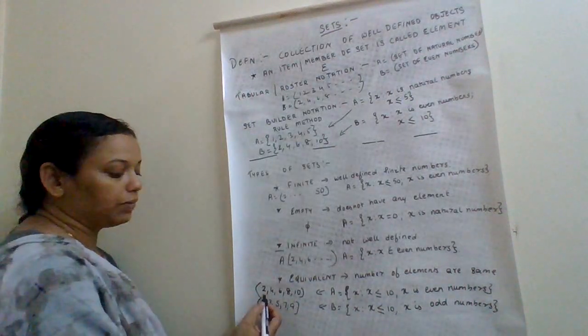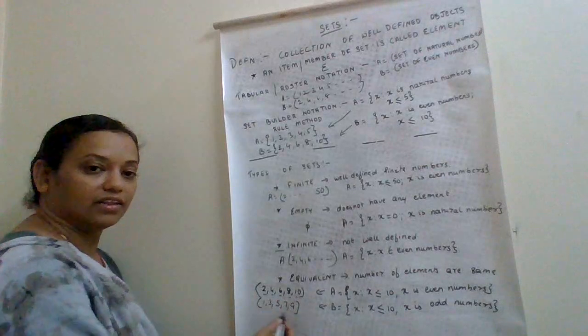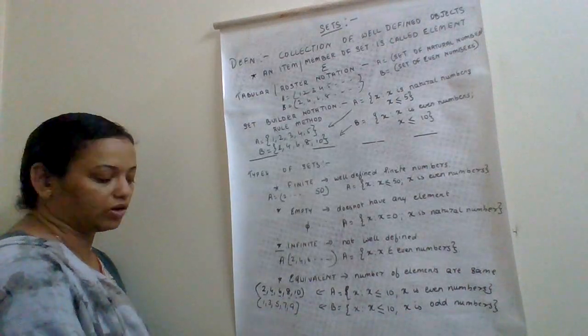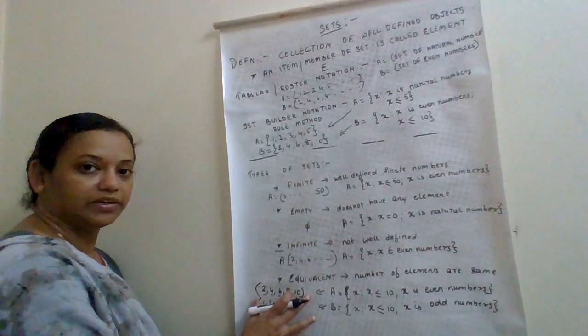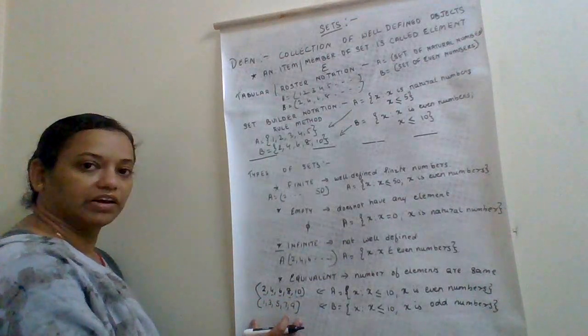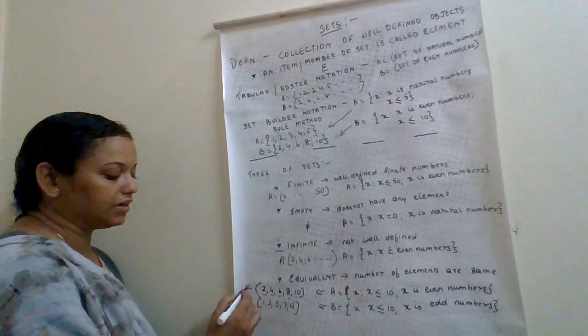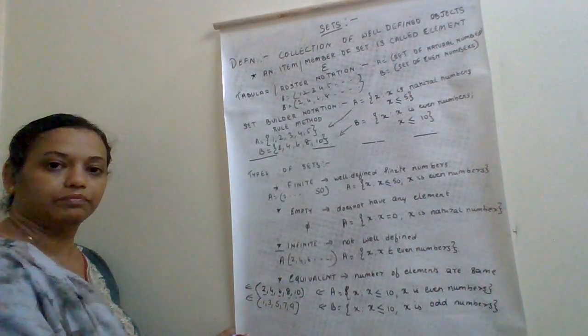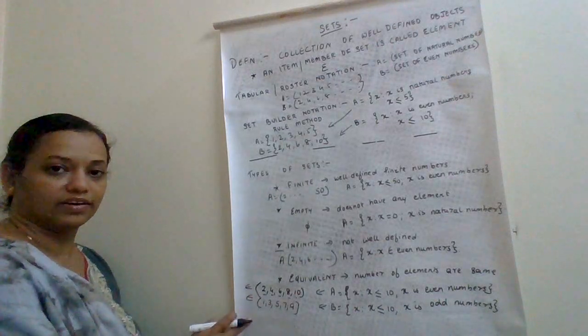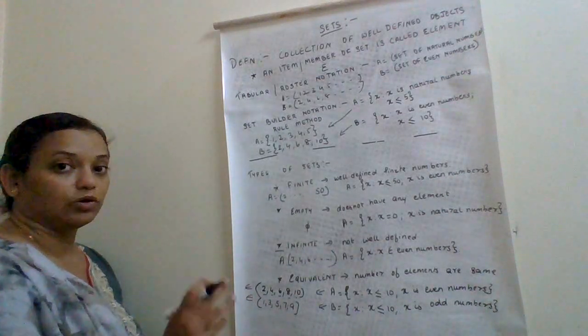Why? Because the number of items in each is the same. Okay. So this has 5 elements and this also has 5 elements. So when the number of elements is the same in two different sets, it is called an equivalent set.